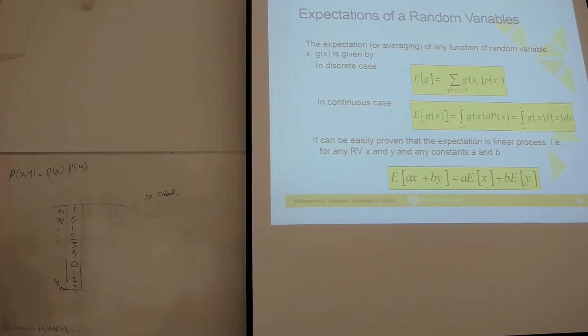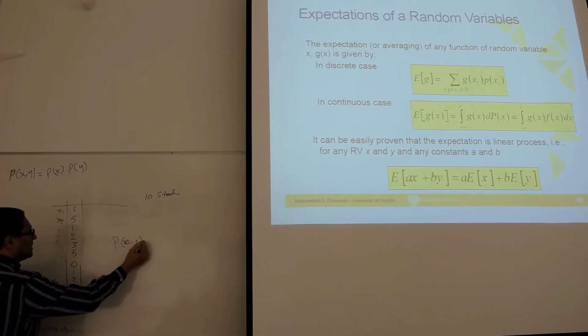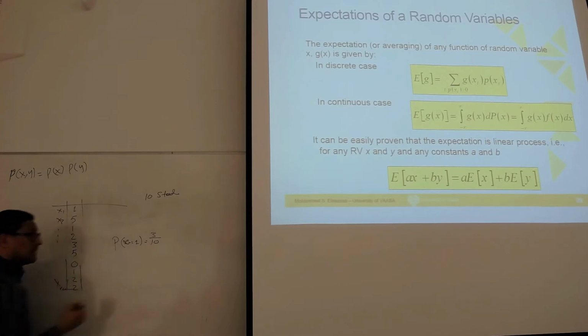Now, if I asked you, we select one student randomly from those 10, what is the probability that this student received grade 1? The probability that the grade equals 1 is, 1, 2, 3, so it is 3 over 10.